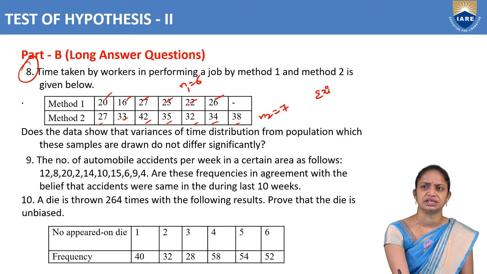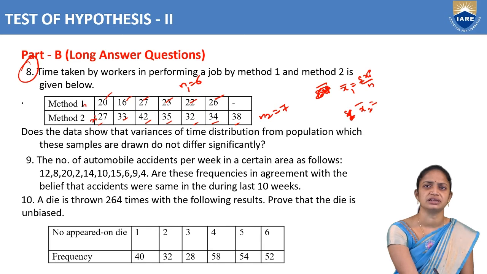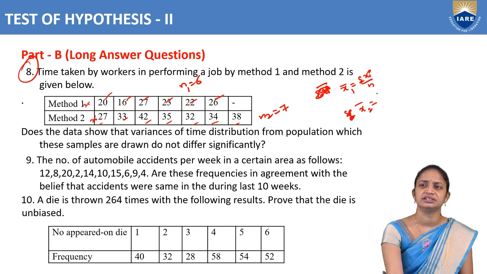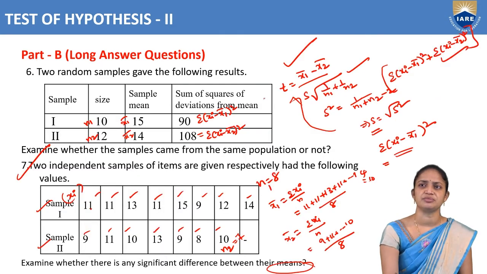Same procedure: x bar equal to summation xi by n, so like that x1 bar, and x2 bar equal to summation yi by n. Okay, and also you need to calculate summation xi minus x1 bar whole square and summation xi minus x2 bar whole square. So again you have to use the same procedure like the sixth problem.